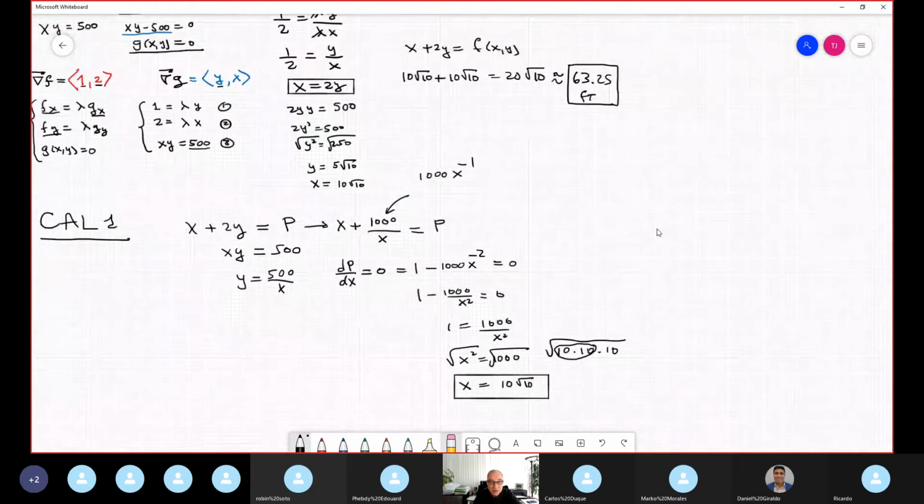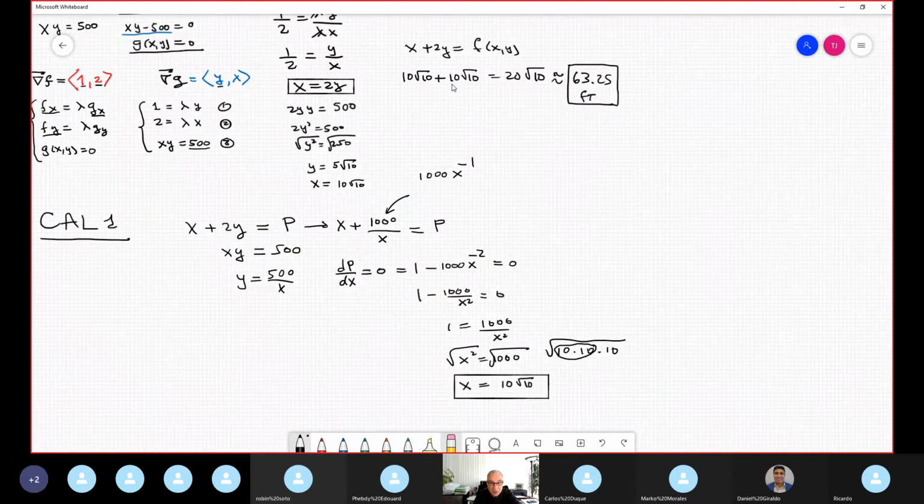No? The rest is pretty easy. No? You find the y is half of this. If x is 10 radical 10, the rest is easy. Okay, in the test, of course, you're using Lagrange Multiplier because it's a powerful tool to solve anything, 2 dimension, 3 dimension, n dimensions.